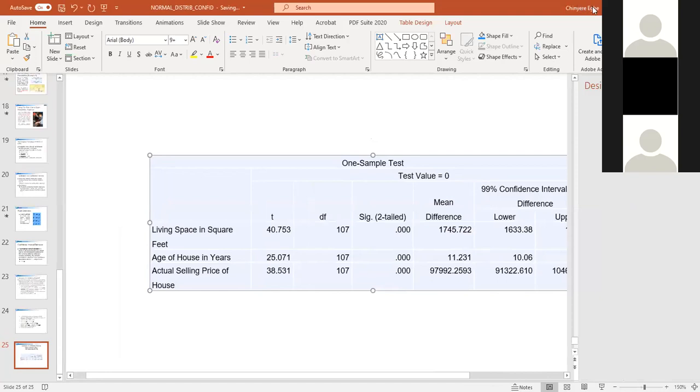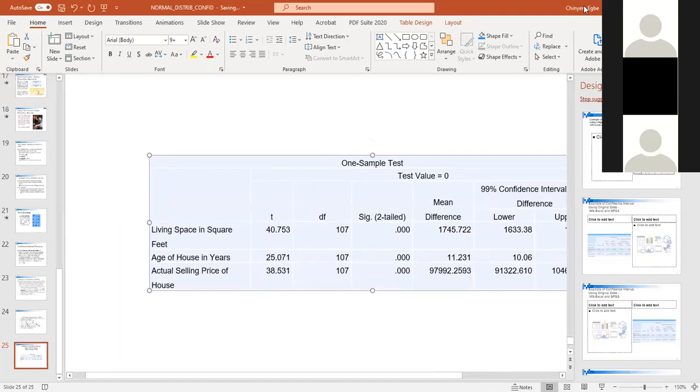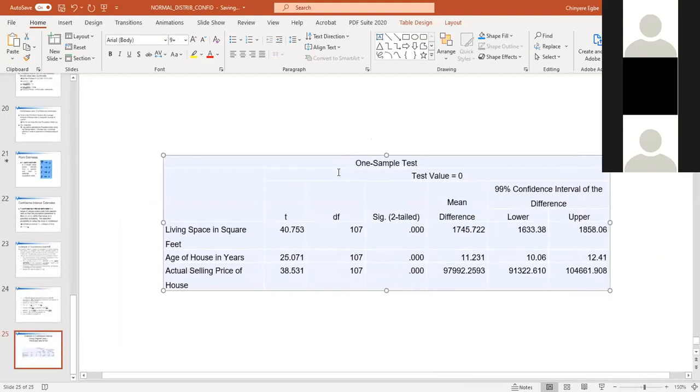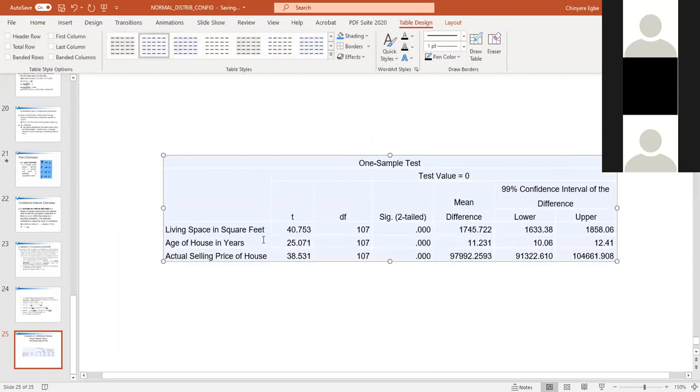You can see that I have the confidence interval estimates here. So what do they show? That whole process that I went through, the calculation, is out here. It shows that the average living space for houses in this neighborhood is between 1,633 and 1,088 square feet.